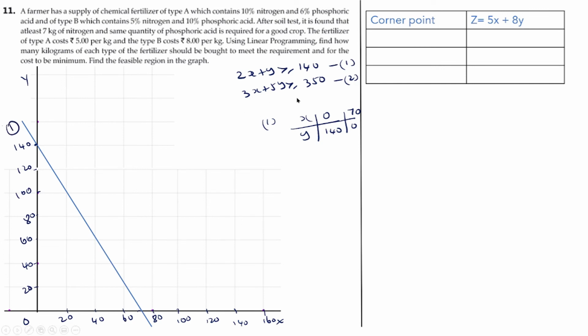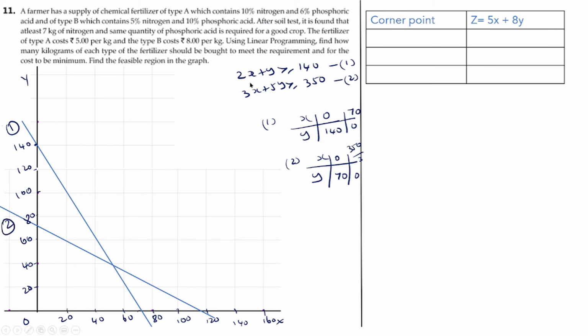Next we have 3x plus 5y greater than or equal to 350. So for the second one, all these can be done in rough. When x is 0, y is 70, and when y is 0, x is 350 by 3. So 0, 70 is somewhere here and 350 by 3 is somewhere here. So if we draw a straight line joining these 2 points, we get the second equation.